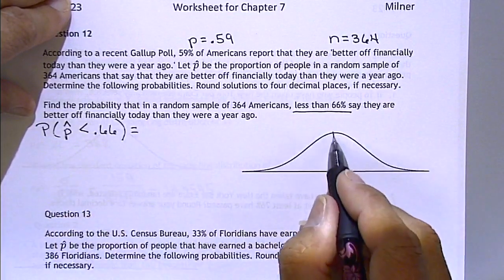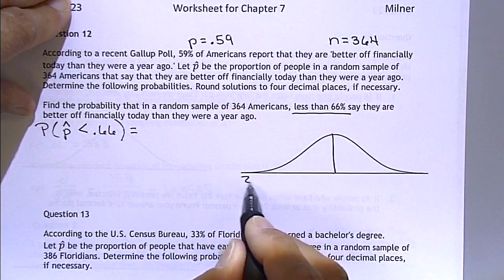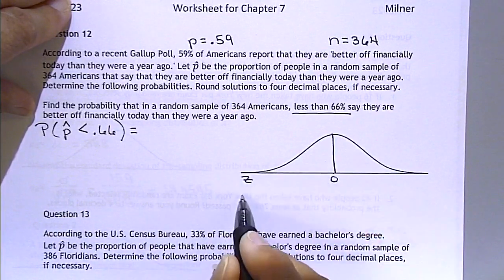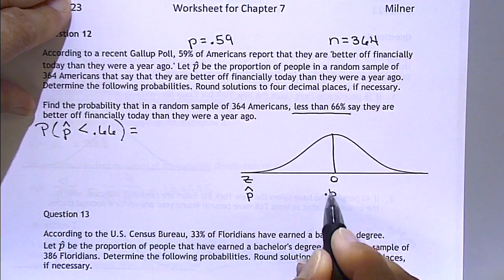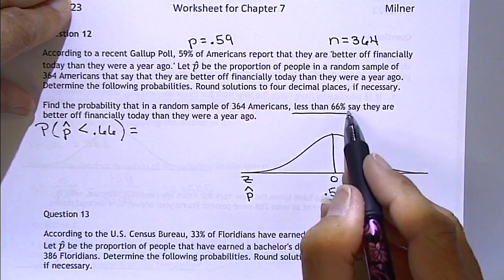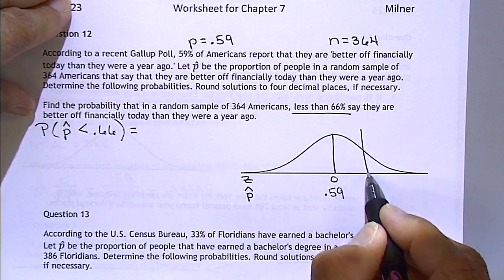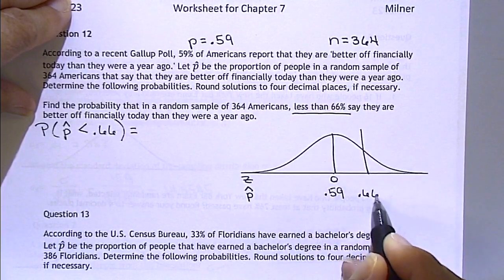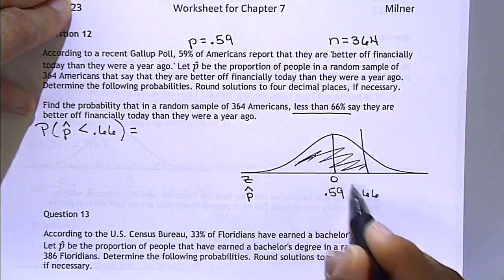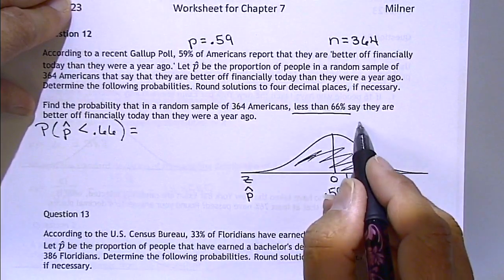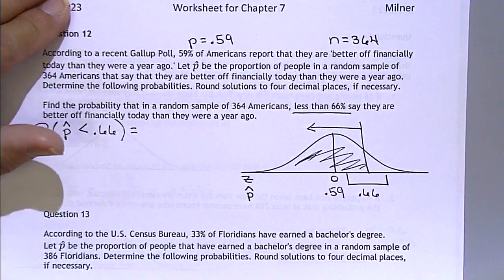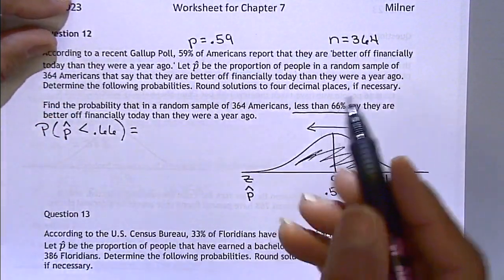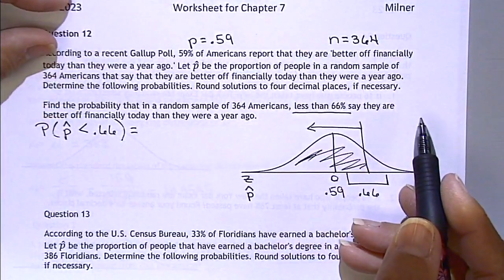Probability that p hat is less than 0.66. I'm going to go ahead and draw my curve because I'm thinking about it and I've been reading the problem. And this is the population proportion here, right? And where's my 66? Would be over here somewhere. Less than would be here. I don't know Z. When I get this area, it's an area to the left problem. I'll simply look it up. But now I have to calculate a standard deviation.